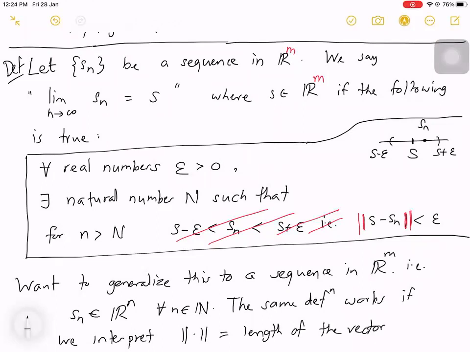Which length? There are many ways to define it. Okay, but yes, correct. So we will come to that. That begs the next question, right? What do I mean by the length of a vector? I'm really thinking of this in terms of your school. There was only one length, the Euclidean length, but we will see that there are several. So length of the vector, let's call this V, length of the vector V.